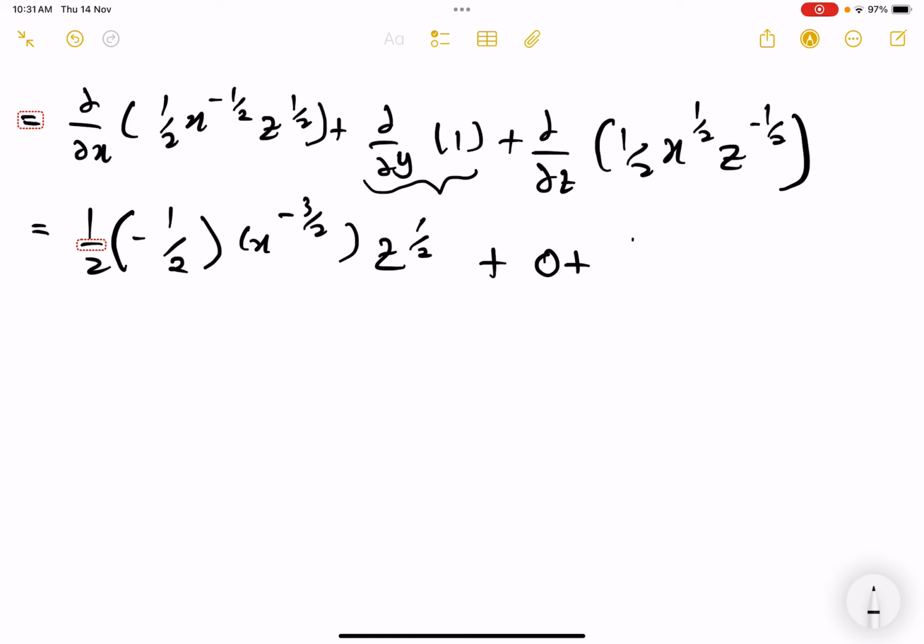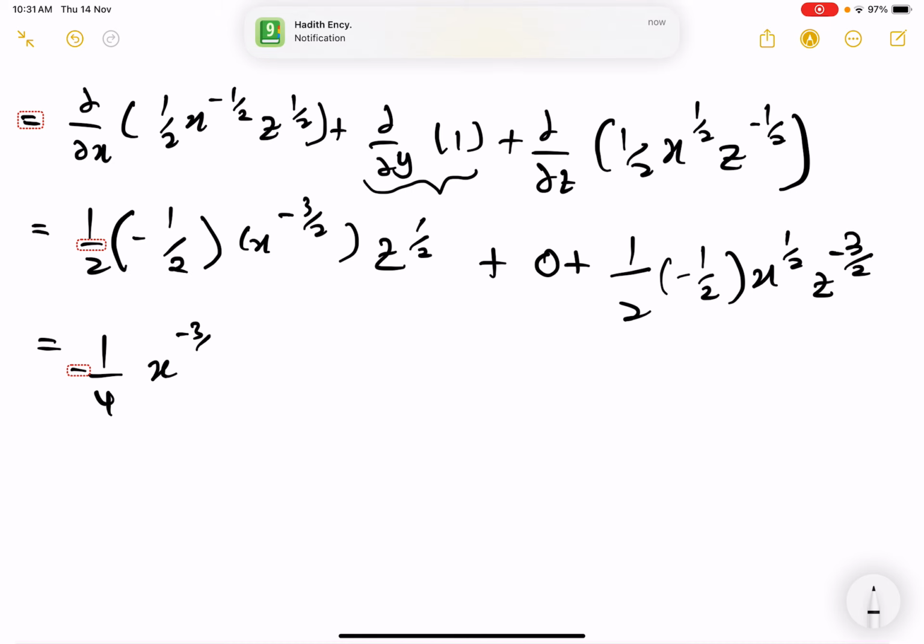And then the last part is almost the same as the first expression there, with power of negative 3/2. So we have 1/4, right?